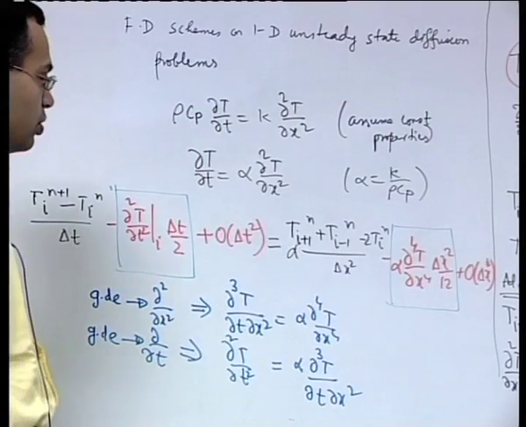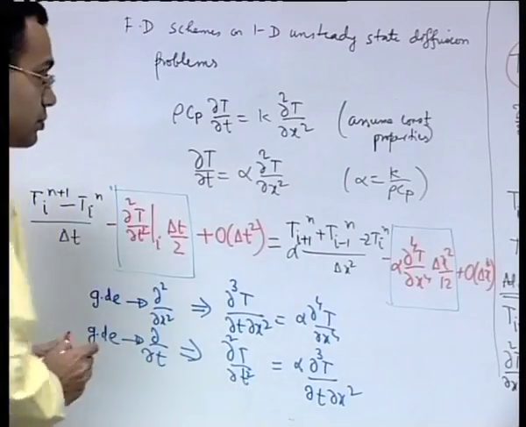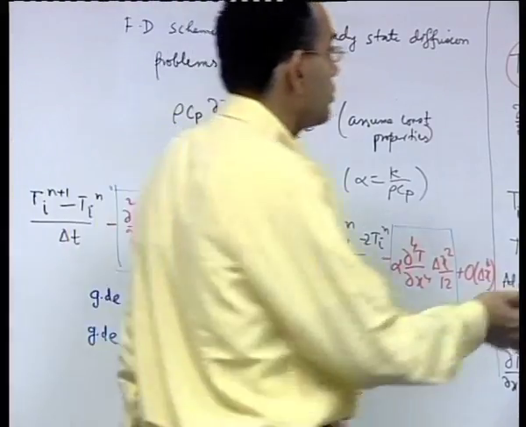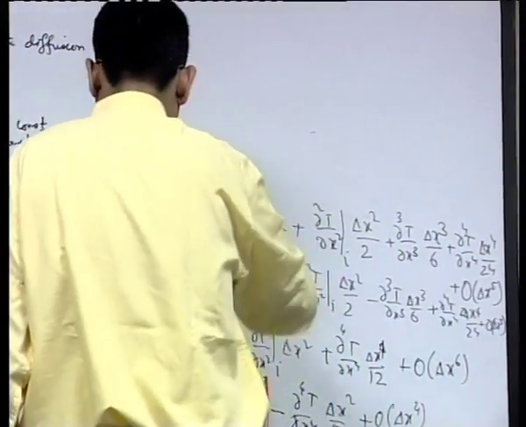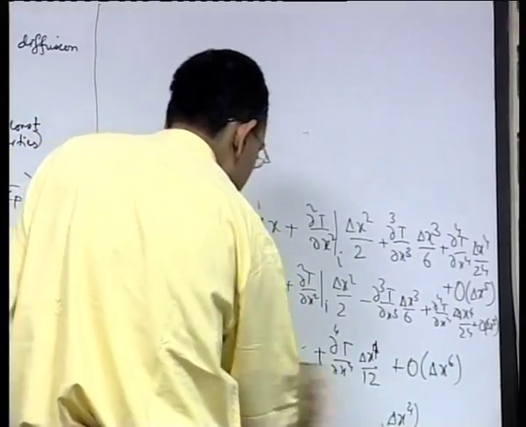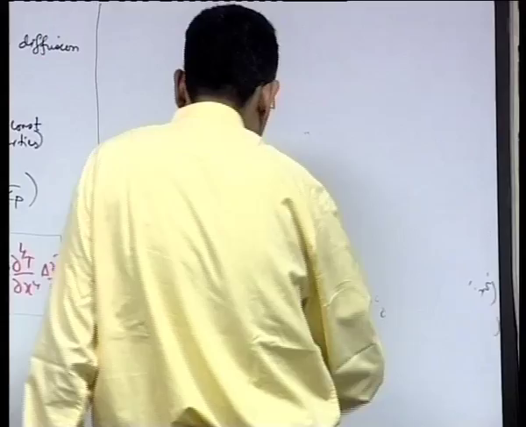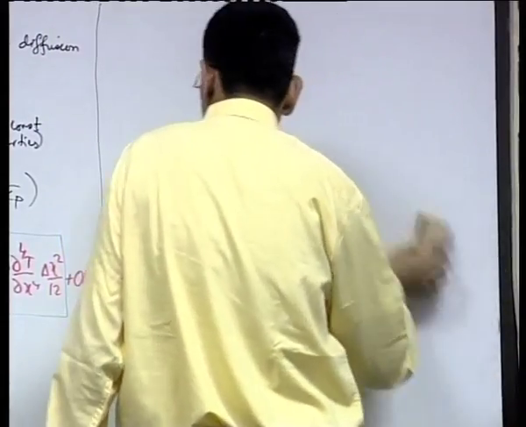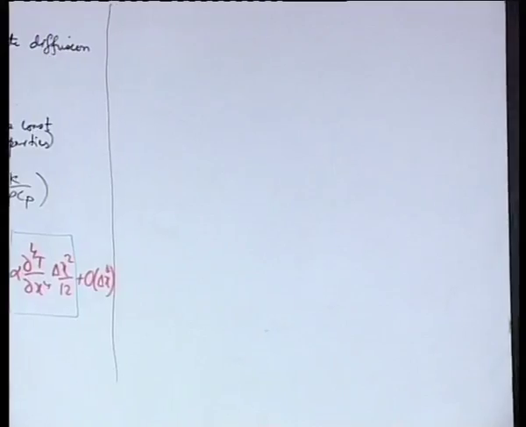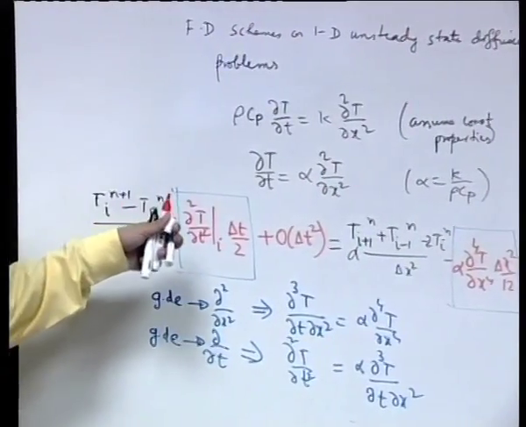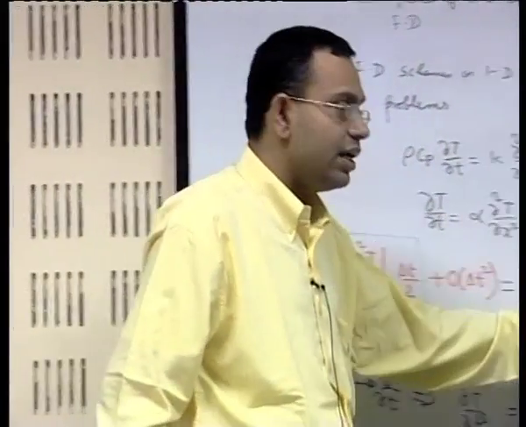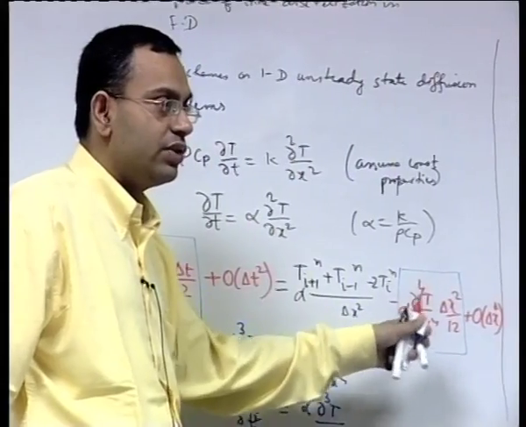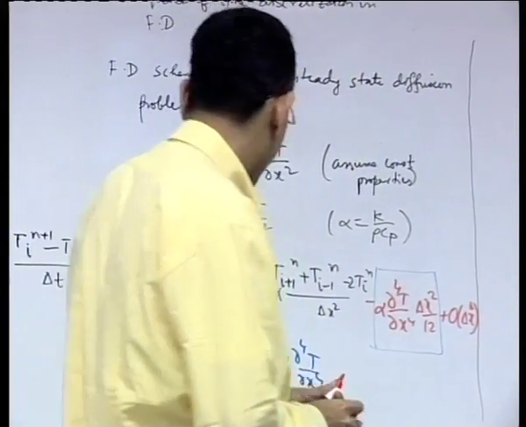So, what can we conclude from here? We can find a relationship between the first leading order term because of truncation with respect to the time discretization and the first leading order term because of the truncation with respect to the spatial discretization.